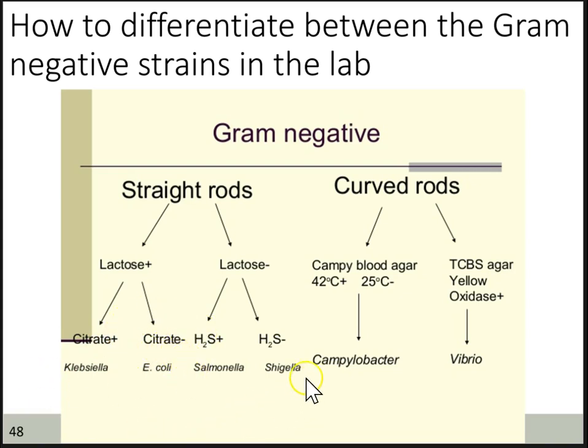This is also a good way to differentiate between Salmonella and Shigella. As I said, they both look very similar, and E. coli, Salmonella, and Shigella are all very similar in shape and in other ways, but they can all have very different virulence factors, and so it's important to determine which one is infecting your patient. And so this is one way you can determine that.